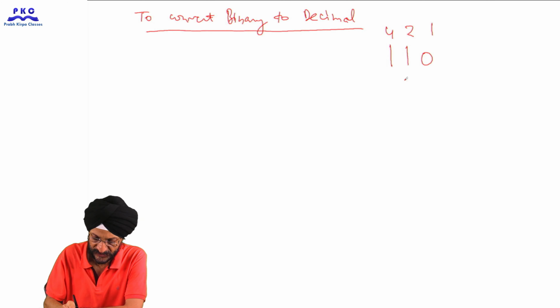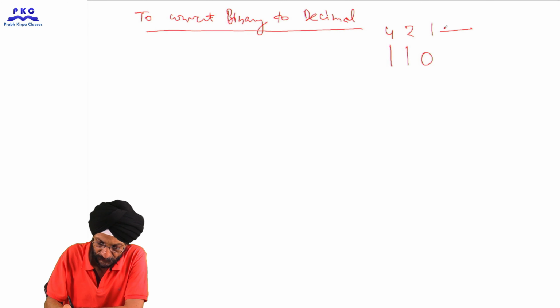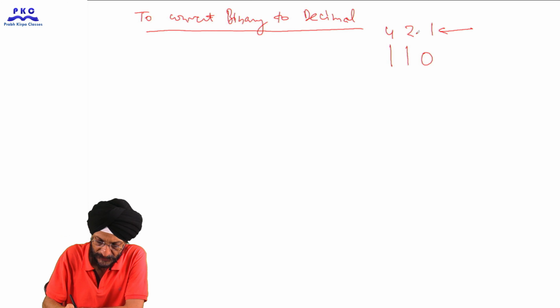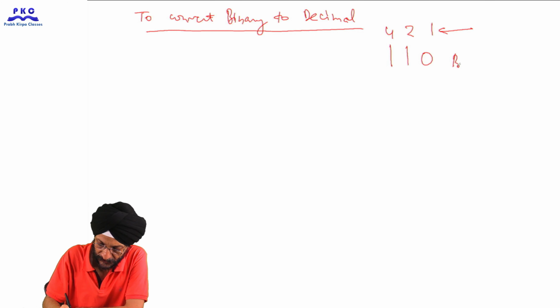Here only 110 is the binary number given. So we started from the right hand side writing 1, then multiplying by 2, again multiplying by 2. Now we will add. This is the binary number 110.